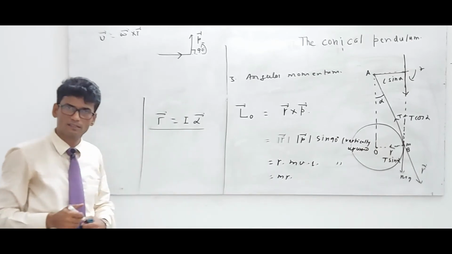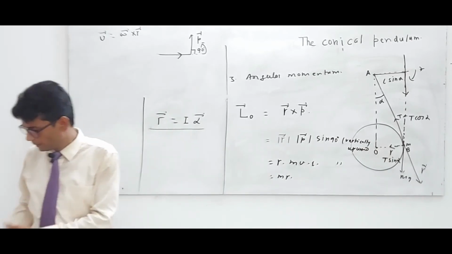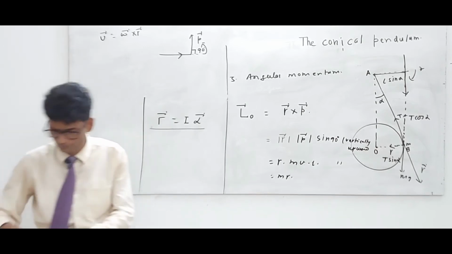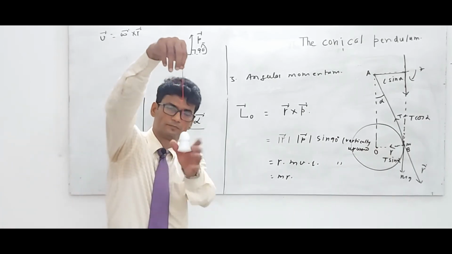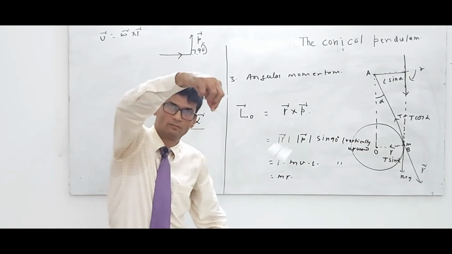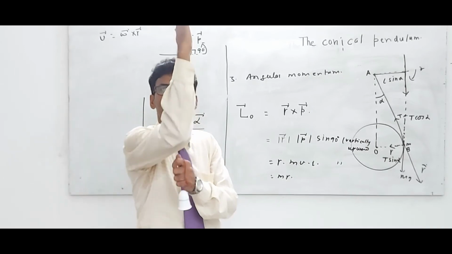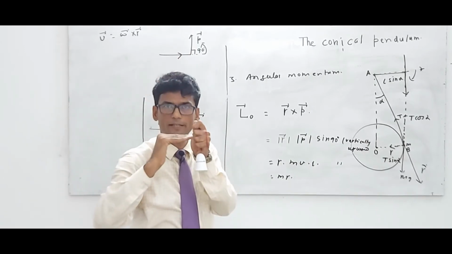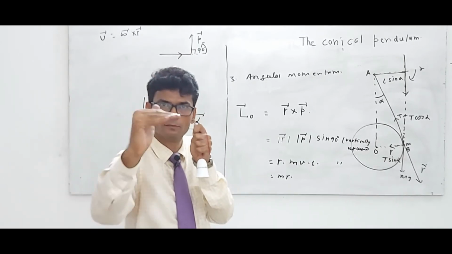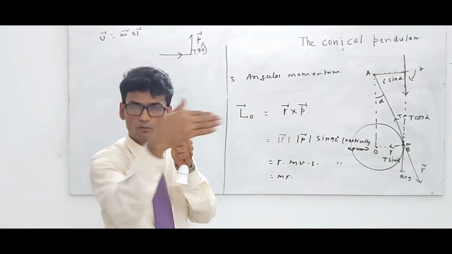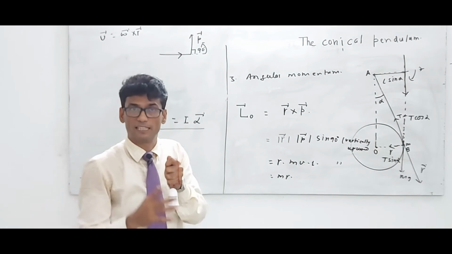Again, omega and r are perpendicular to each other. That is why it is horizontal. Omega is vertically up and this is the radius, horizontal. Omega cross r, so that is why it is tangential. So the angle between them is 90 degrees. That is why I am telling you.